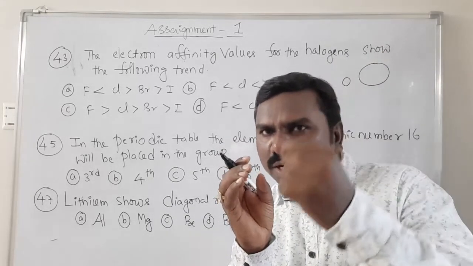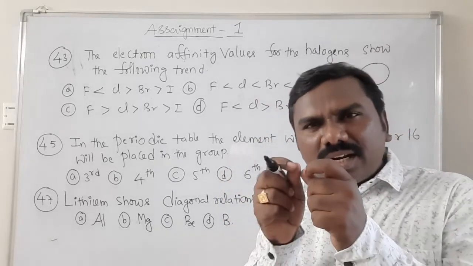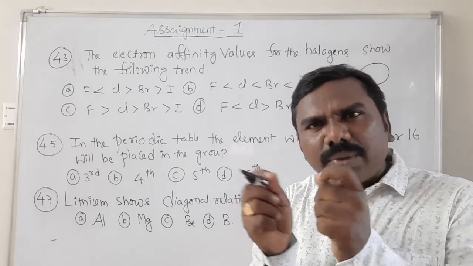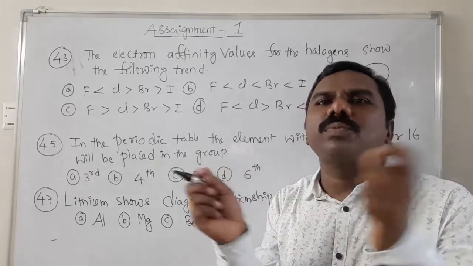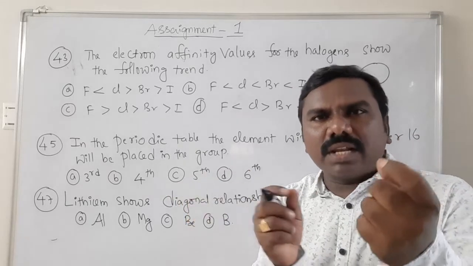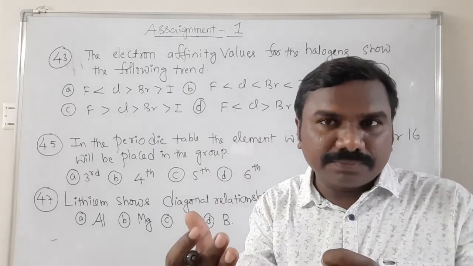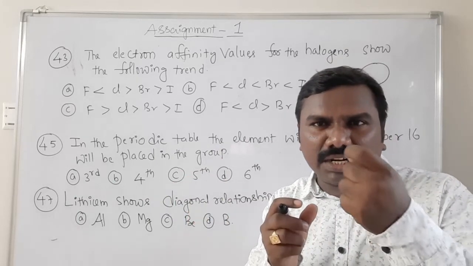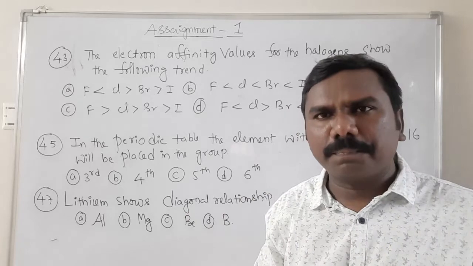If it takes one more electron into the smaller size, obviously already there are 9 electrons are repelled. If you take one more electron, repulsions more. It means unable to take one more electron and releasing less energy. If electron taken easily, energy releases more. That is called electron affinity.